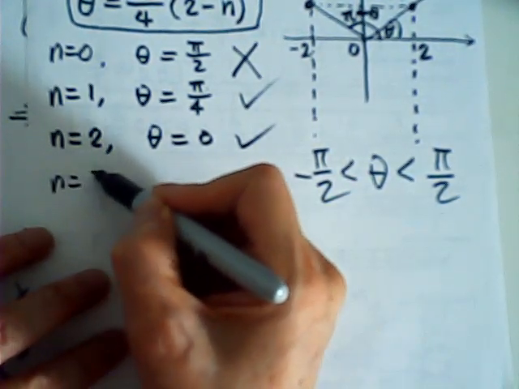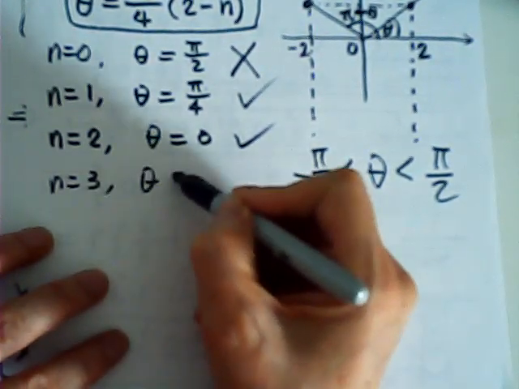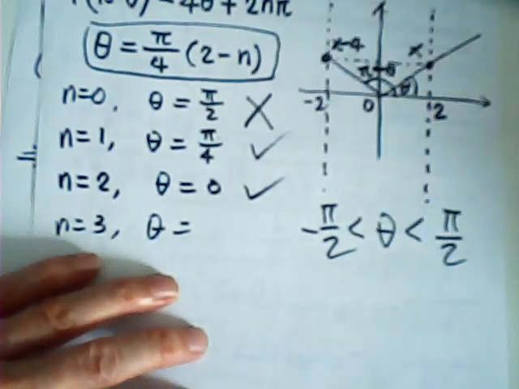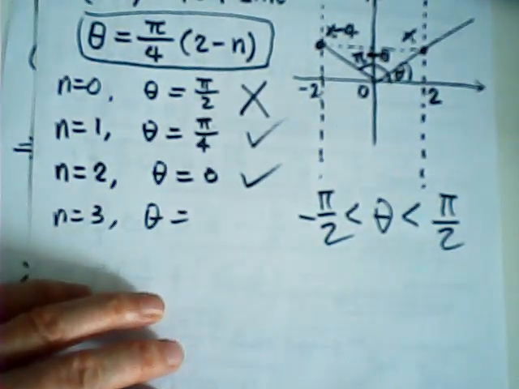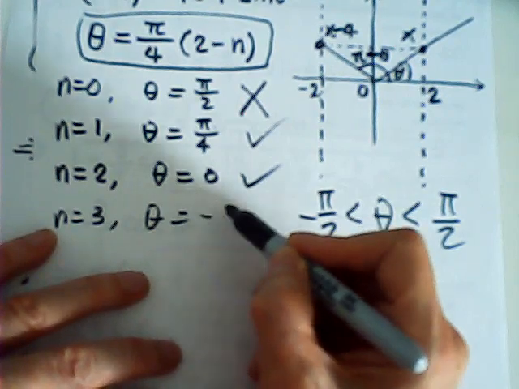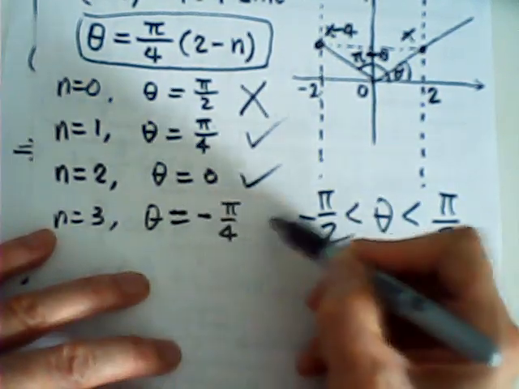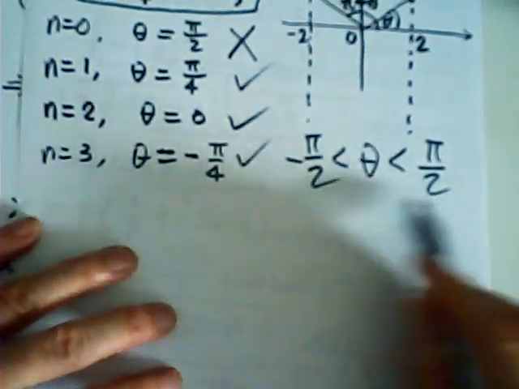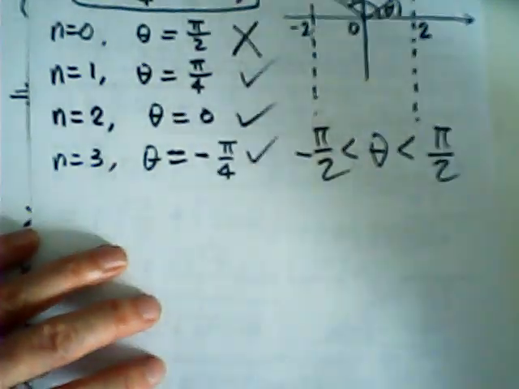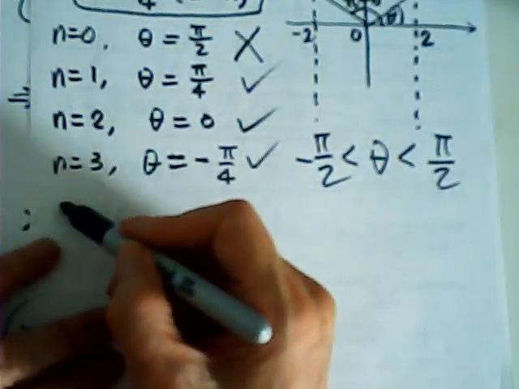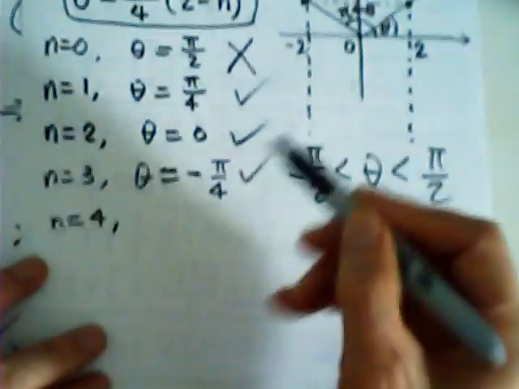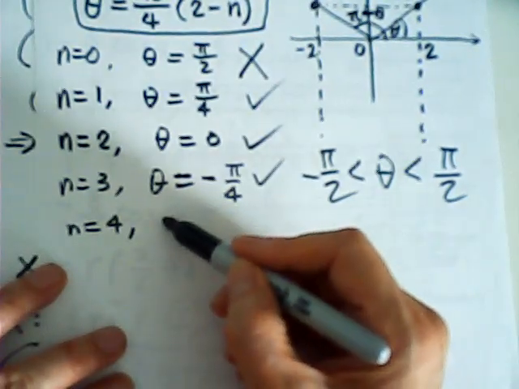n equal to 3 is a minus quarter pi, right? Yeah, that's good. Minus quarter pi is good. n equal to 4. This is not good, right?